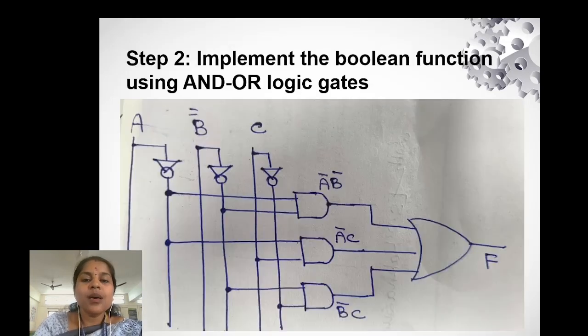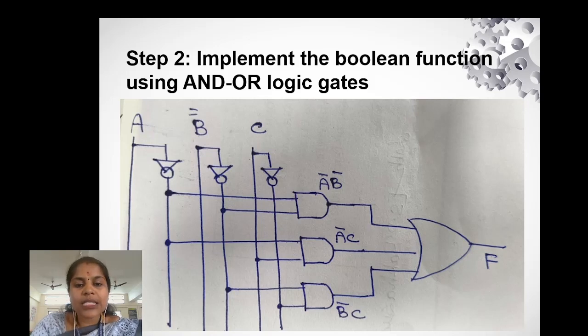Next, using that Boolean function, we have to implement this using only AND and OR gates. After applying the expression F equals A bar B bar plus A bar C plus B bar C, we can implement it using this conventional AND-OR logic.